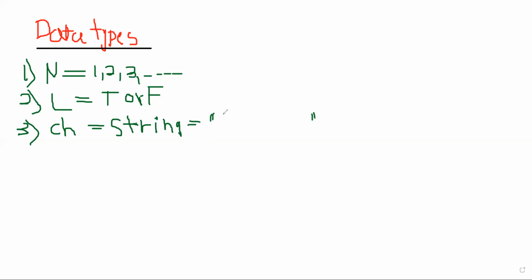Suppose we write Vishwajit. To write this name, this is a character, and for that we use the double quote. You can use the single quote also.